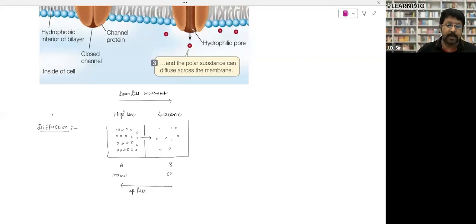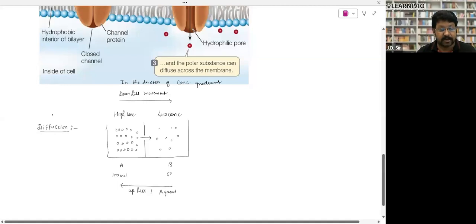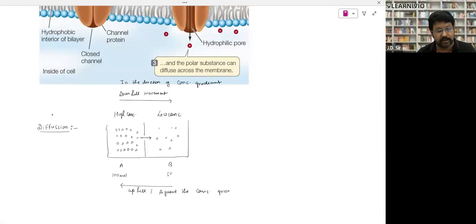One more thing: downhill movement of molecules always takes place in the direction of the concentration gradient, and uphill movement is always against the concentration gradient.